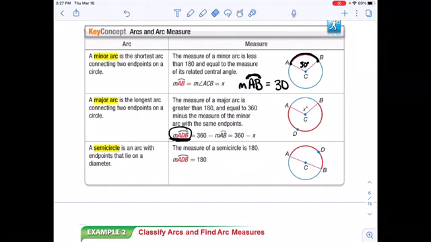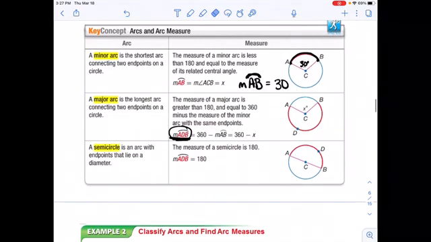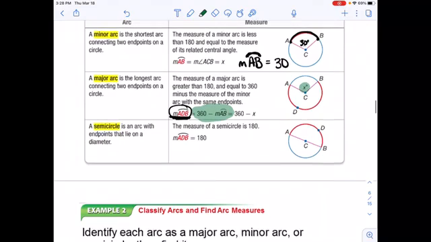Arc measures are not degrees. Say this again: the measure of a major arc is greater than 180, and it is equal to 360 minus the measure of the minor arc with the same endpoints. So it's 360 minus the measure of arc AB, or in this case, 360 minus x.